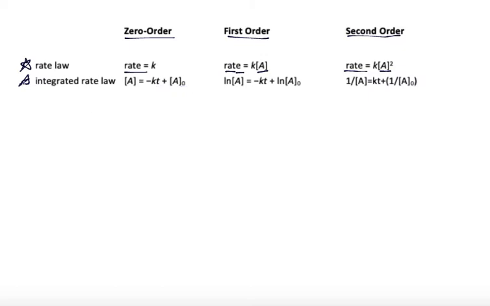So the way to know which of these two types of rate laws to use is basically determined by our experimental setup. If the concentration is easy to measure instantaneously, we can use integrated rate laws to determine the order of a reaction by comparing the concentration of a reaction over time versus the natural log of that concentration versus the reciprocal of that concentration.